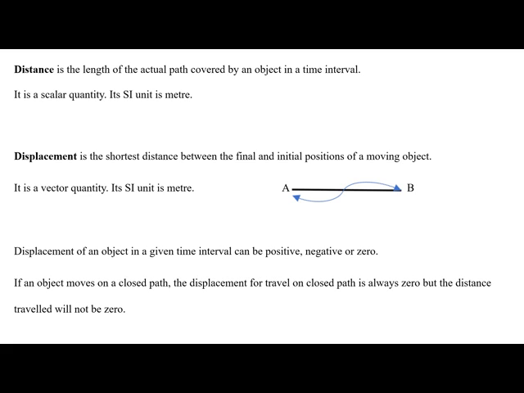If an object moves on a closed path, the displacement is always zero. But only the displacement is zero, the distance traveled is not zero. It is always more than zero. So displacement can be zero on a closed path, but not the distance. The difference you should remember.